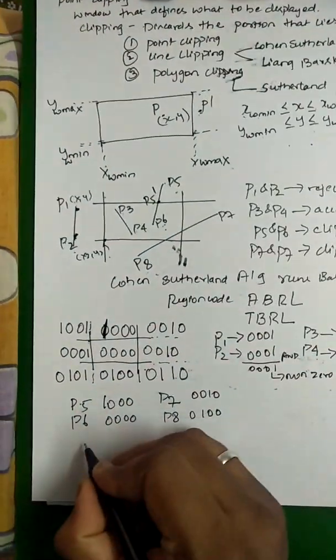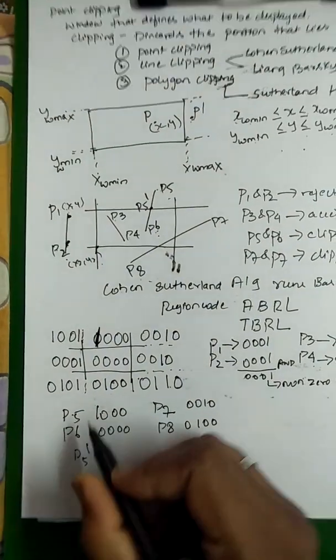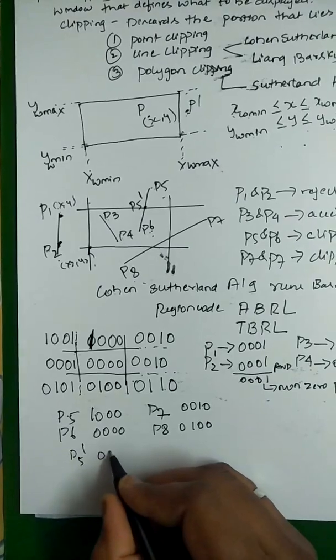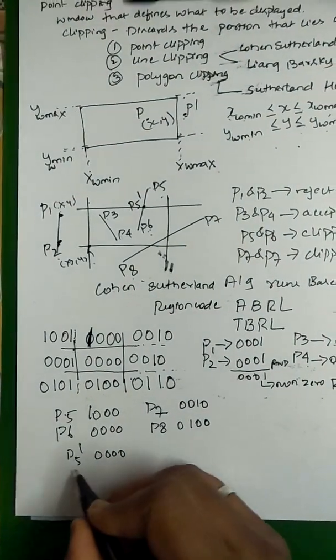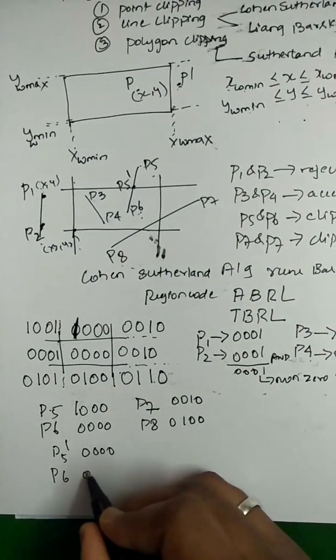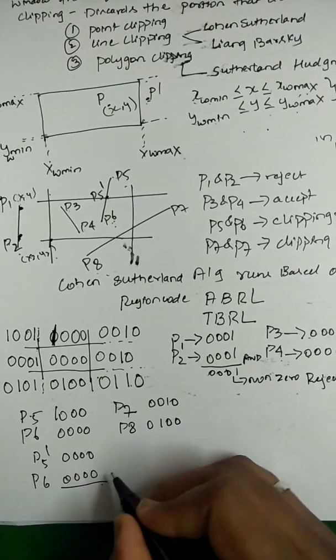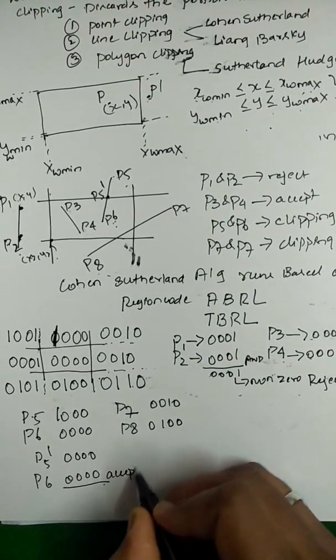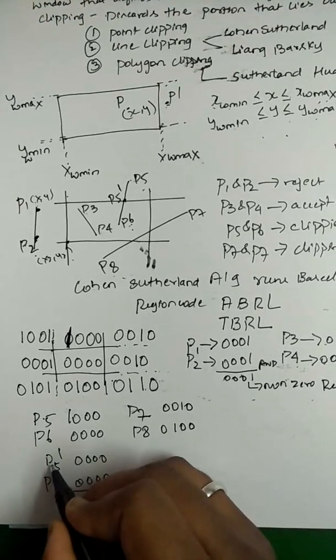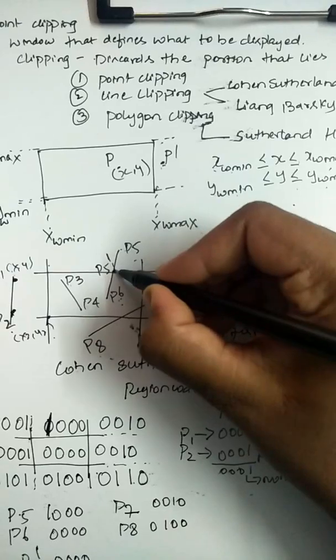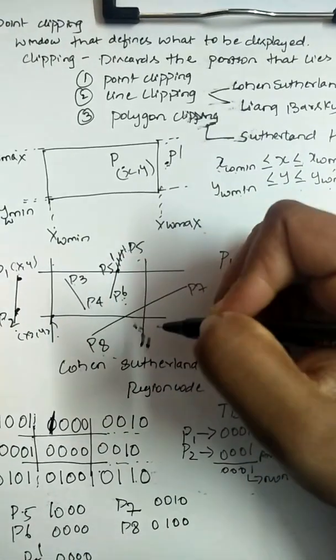In that case, the P5 dash region code, if it is on the boundary, will be 0000. Now take P6, it is 0000. If both are 0, yes, I have to accept the line P5 dash to P6, which means the region from here to here will be clipped.